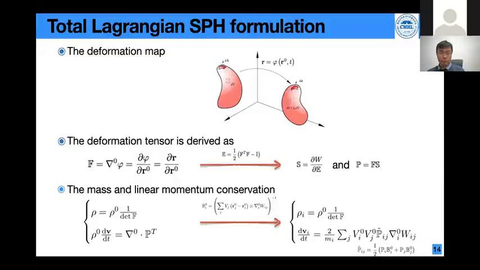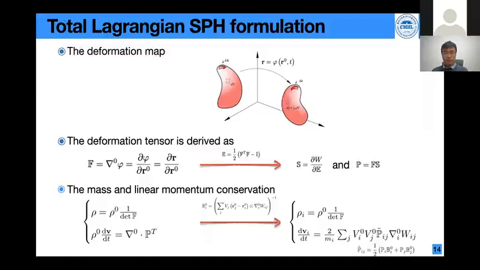For the simulation of solid dynamics, we implement the total Lagrangian SPH formulation, which means that we can define a deformation map from the initial reference configuration to the deformed, meaning the current, configuration. Then we can define the deformation tensor as this, and then we can have the first Piola-Kirchhoff stress and the second Piola-Kirchhoff stress.